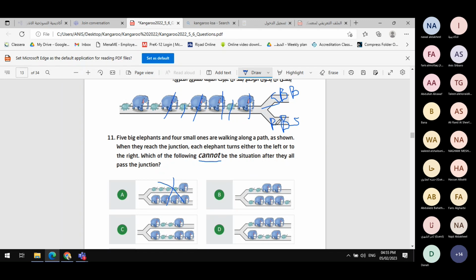And this one, left. This one, left. Uh, I don't think so, because we already obtained four elephants, so we're going into right. And of course, the last one will go to the right. So this one is also a case, so we cannot take it. We need to cross it.